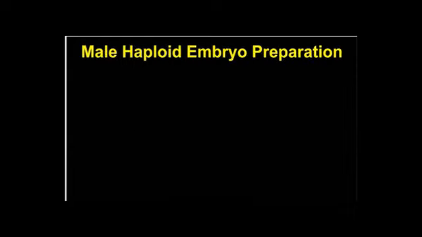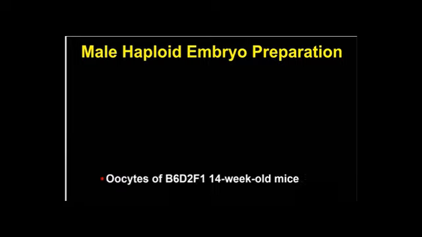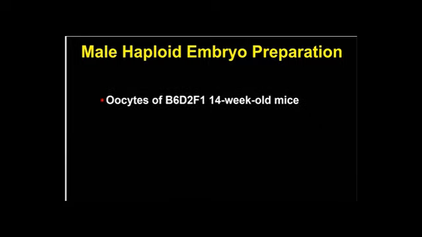To continue, I will provide some details on how we obtain male haploid embryos. First, a cohort of oocytes were retrieved from superovulated B6D2 F1 adult mice. These oocytes are exposed to cytochalasin B in order to relax the cytoskeleton and enhance the flexibility of the oocyte.